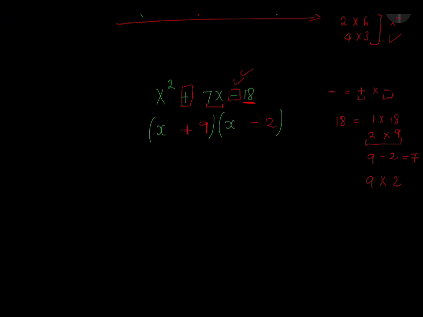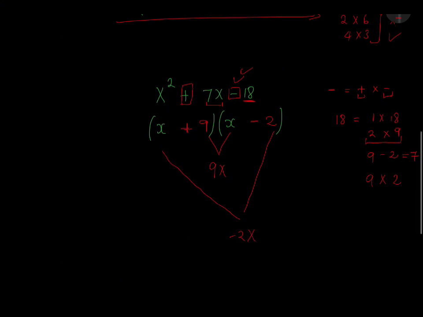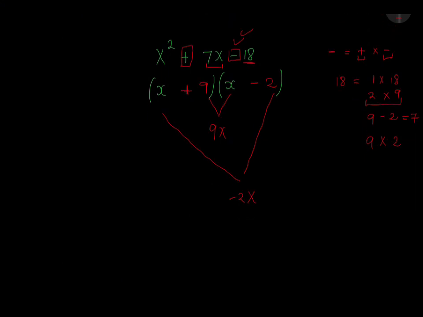The reason why we do so is because 9 times x and x times negative 2 will give us a middle term, which is a positive number. So this is how we factorize.